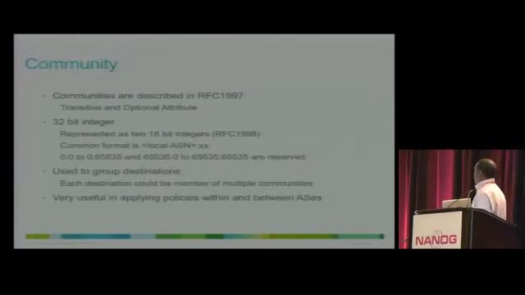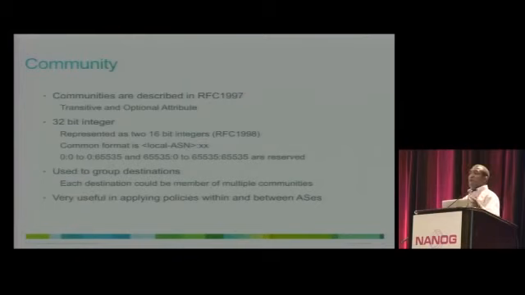Another very important attribute is community. Community is used to group different BGP prefixes. You would create different communities and then make different BGP prefixes members of different communities. Then instead of dealing with individual prefixes, you will deal with community attributes.